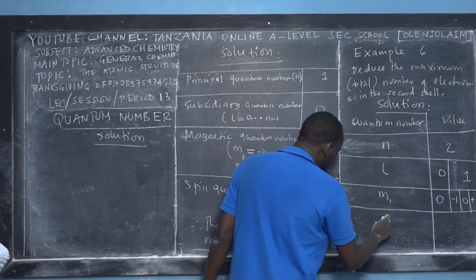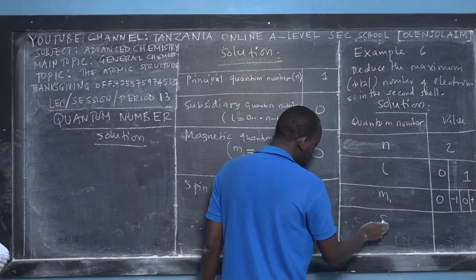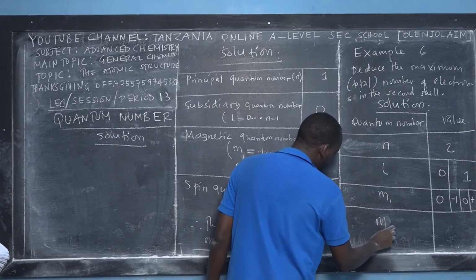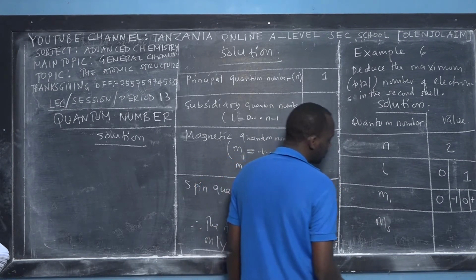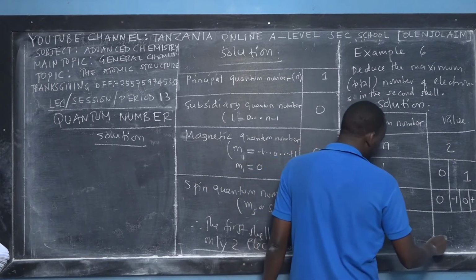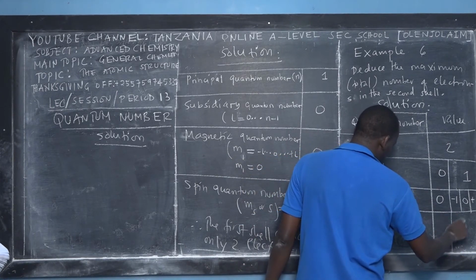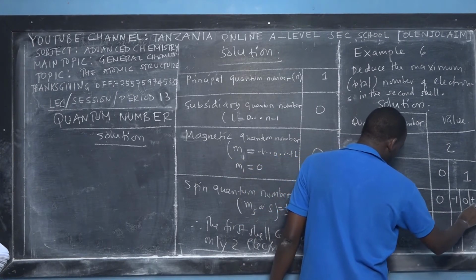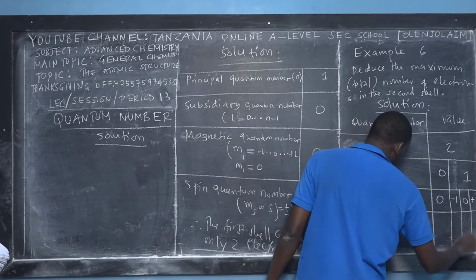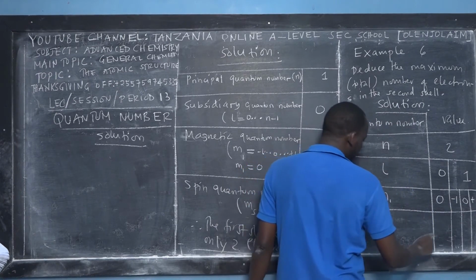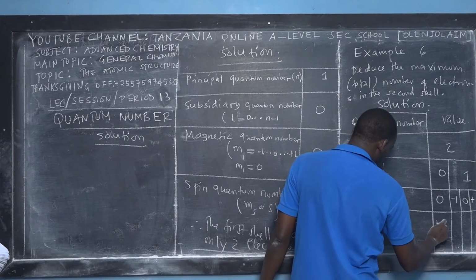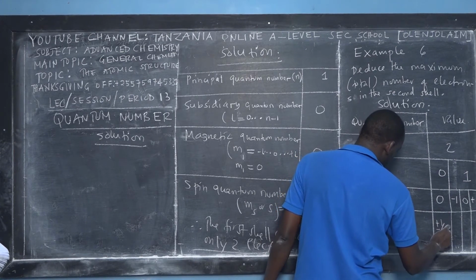Then the spin quantum number, which is S, or M subscript S. For this one, we'll have a similar diagram to the one we had earlier. The M equal to 0 will occupy plus or minus a half.